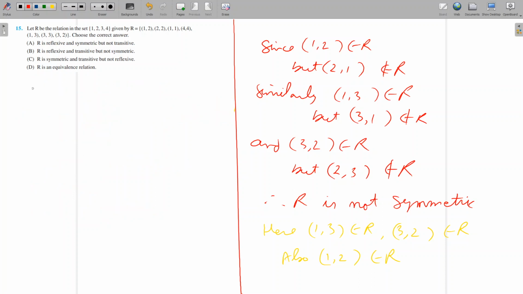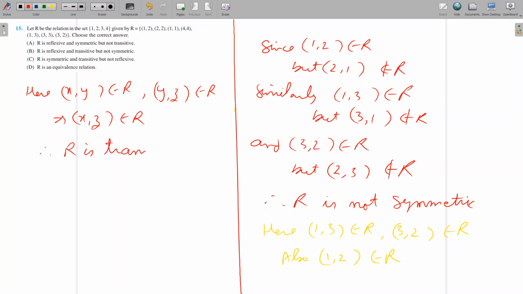So let us write here further. Here (x, y) belongs to R, (y, z) belongs to R. That gives us (x, z) belongs to R. Therefore, R is transitive.